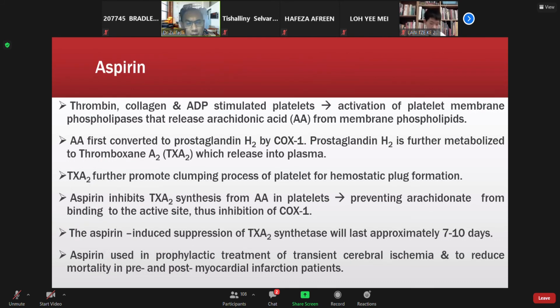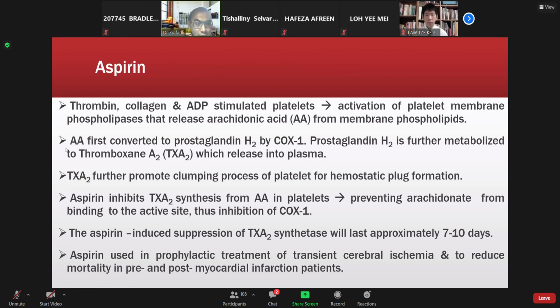Aspirin. Thrombin, collagen, and ADP stimulate the platelet. That is the component in platelet aggregation or platelet stimulation. So the activation of platelet membrane phospholipids releases arachidonic acid, AA, from membrane phospholipid. The arachidonic acid is one of the chemical signals that activate the platelet aggregation.